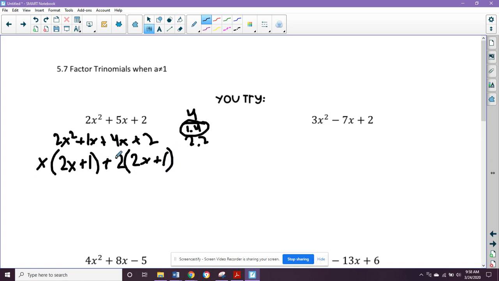Now double check to make sure your insides of the parentheses match, which they do, and rewrite the outside and then one of the insides. So our first factor is x plus 2, and our second factor is 2x plus 1.